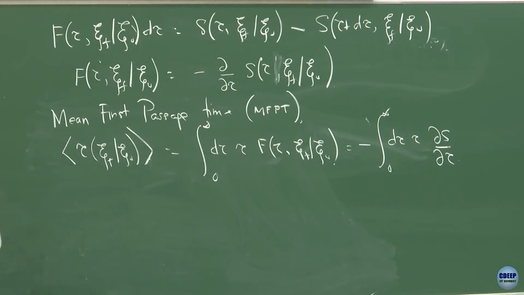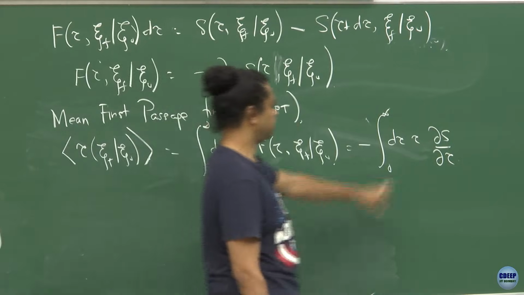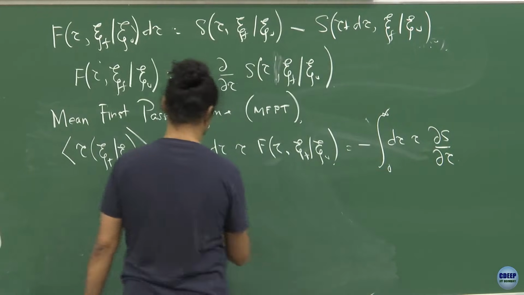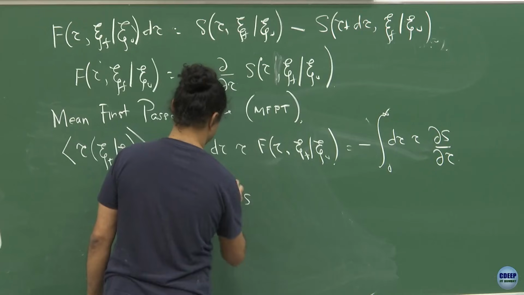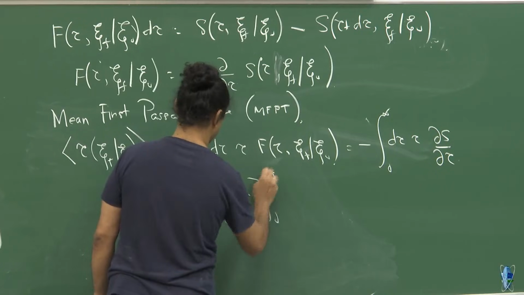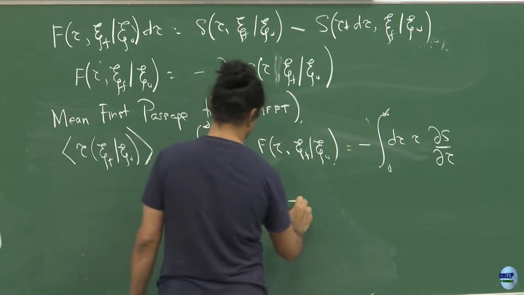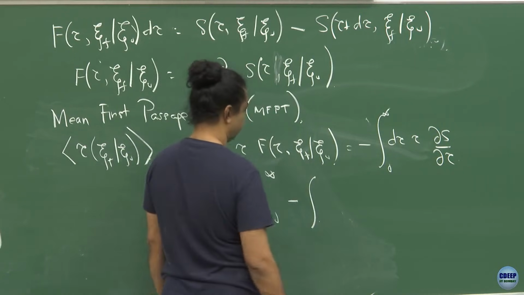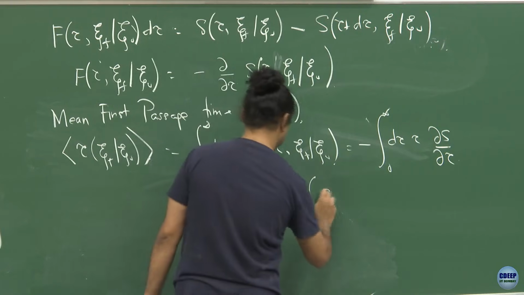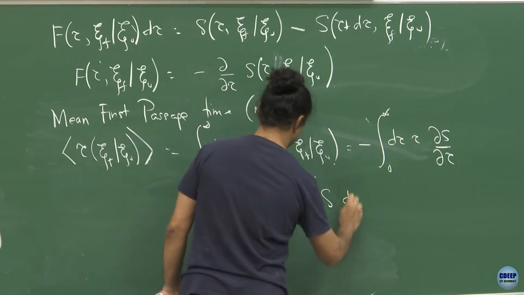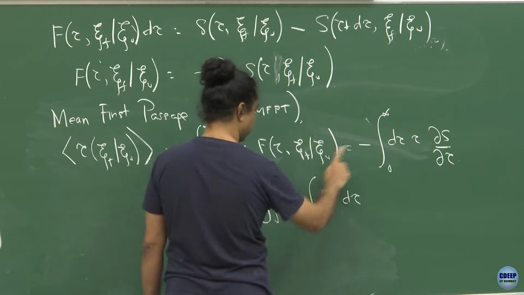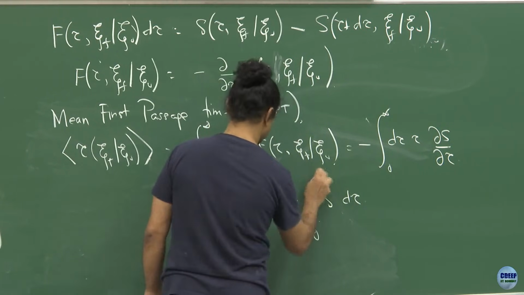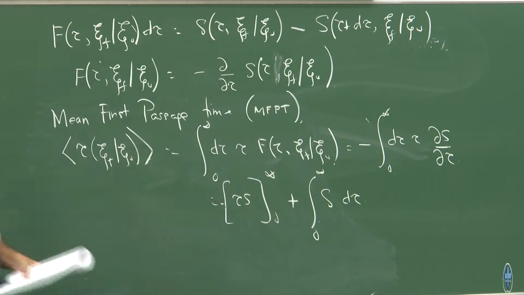So I do an integration by parts, first function into integration of the second. So this is minus tau s from 0 to infinity, plus the integral of s d tau from 0 to infinity. There is a minus here. Is that okay? Just integration by parts.